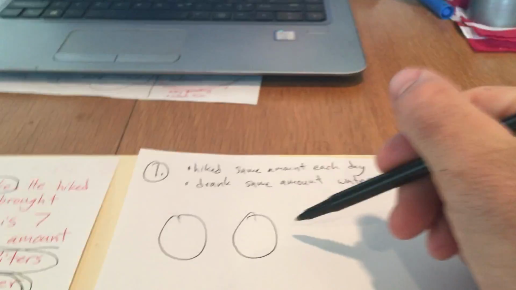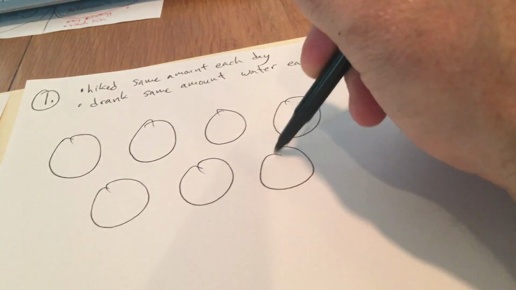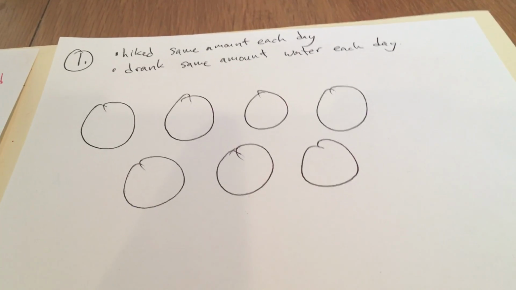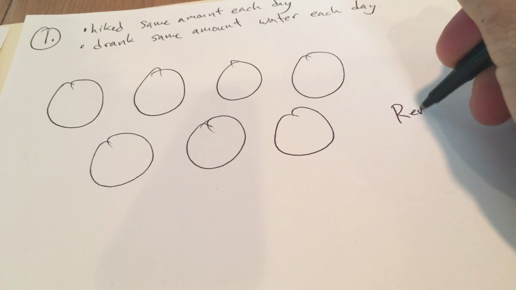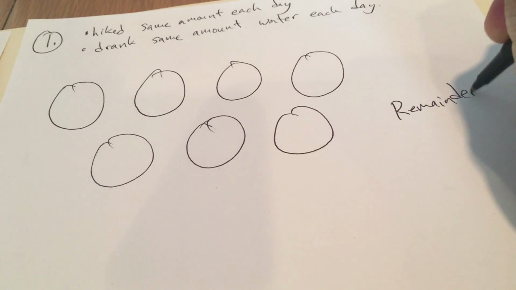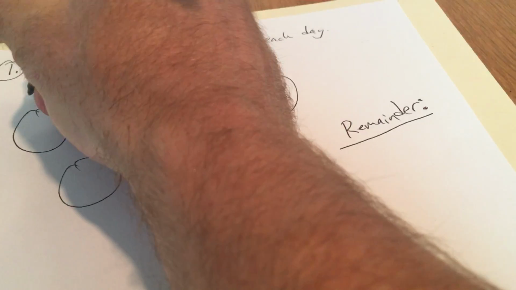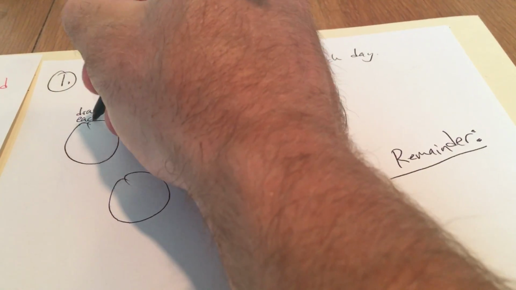So we're going to take his hike, his 7-day hike. 1, 2, 3, 4, 5, 6. His 7-day hike. We're going to make equal groups out of the number of milliliters. But then the answer is actually going to be the remainder. How many did he have left over? So this is going to represent how much he drank each day.